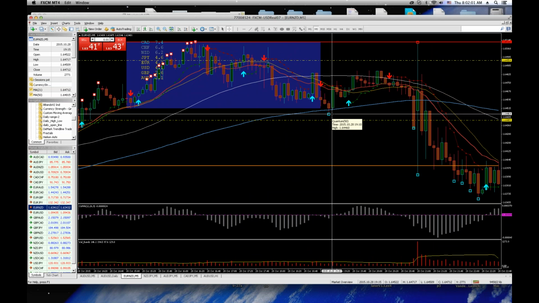So 45 is the number that I liked, and I can show you back in the chart if you want. So I punched in here, and it went straight up, and then it started to come back, and I'm going, holy shit, non-farm payroll, FOMC. So I got out probably right about here with my 8 pips or 7 pips or something. That was what was going on in my little pea brain here.